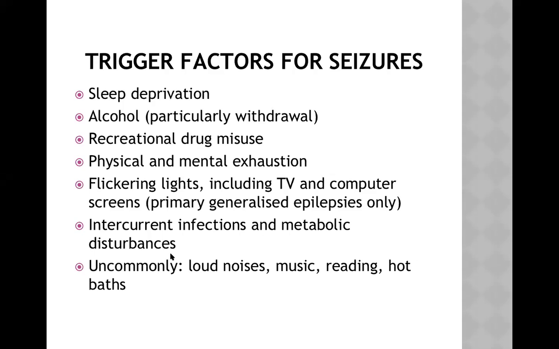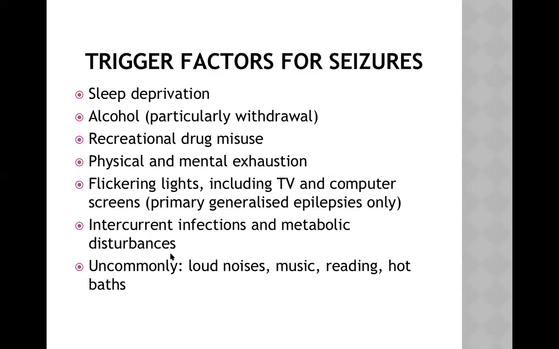It is said that they decrease the seizure threshold. That's why seizures are easy to occur. And some uncommon trigger factors like loud noises, music, reading, and even hot bath or sauna, those types of things may be a triggering factor for seizure.